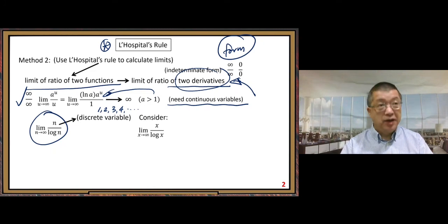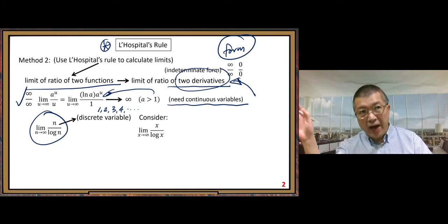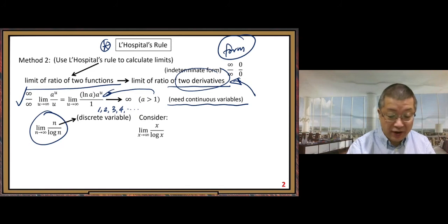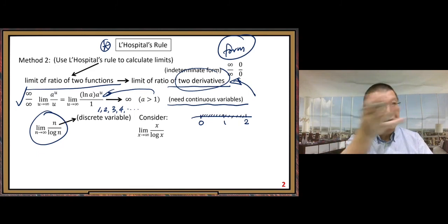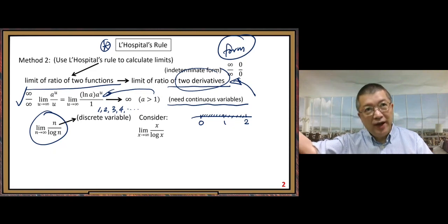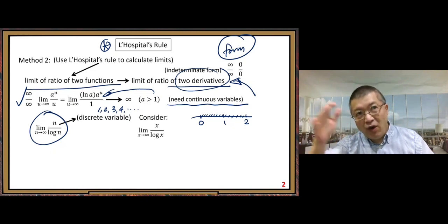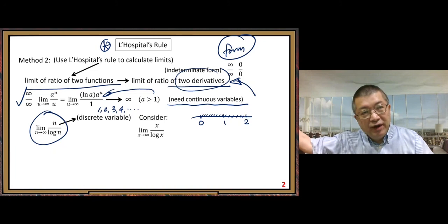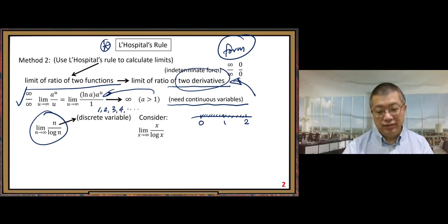This time, x takes continuous values. So what's the continuous value? I think you know it, right? From 0, 1, 2, but your x can take all possible values, no gap. Continuous, so it takes all the positive values.